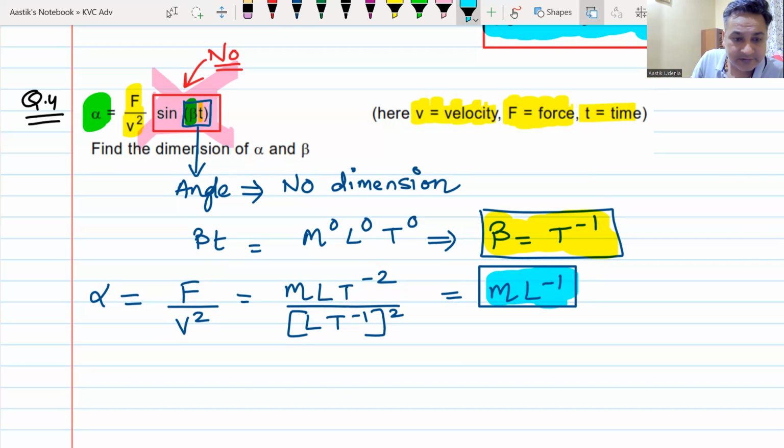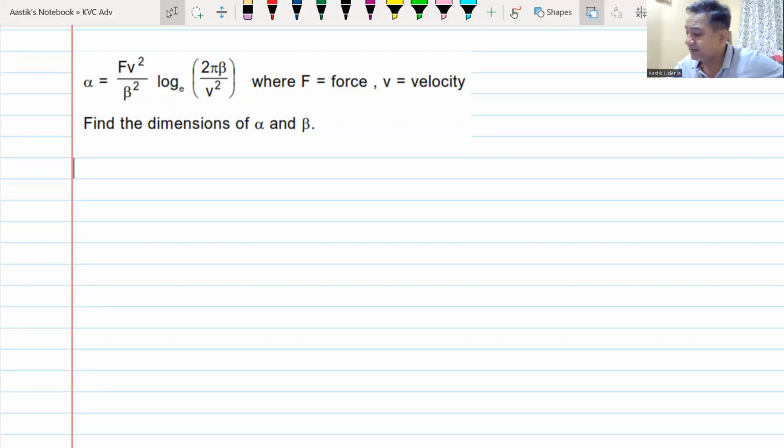Well, then one more question for everyone who could not do this. And I hope that you can do this. Again, all the questions that we are doing have come in previous year JEEs, just taken from the papers. A long list. This is again from one of the JEEs, question number 5. Alpha is f v square by beta square log to the base of e 2 times pi beta by v square.